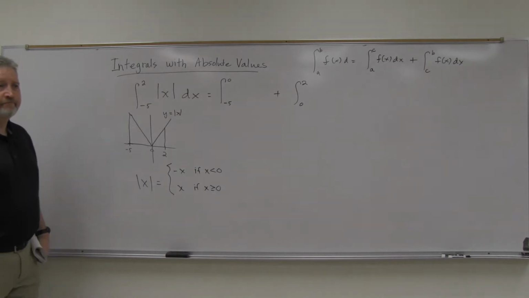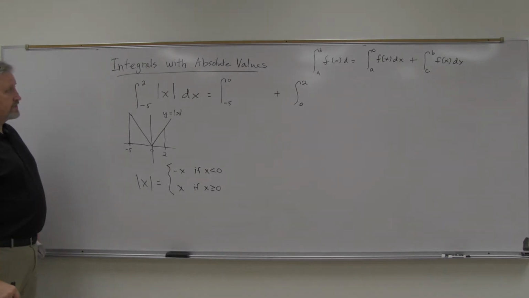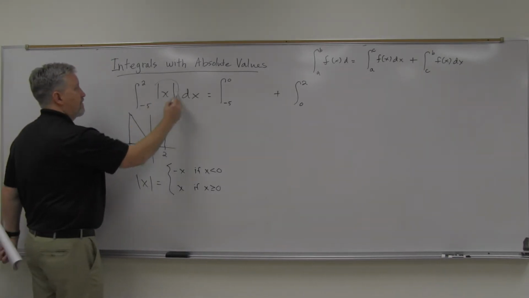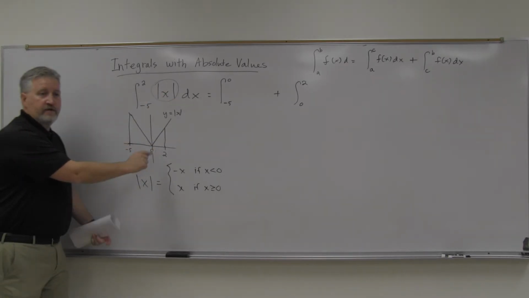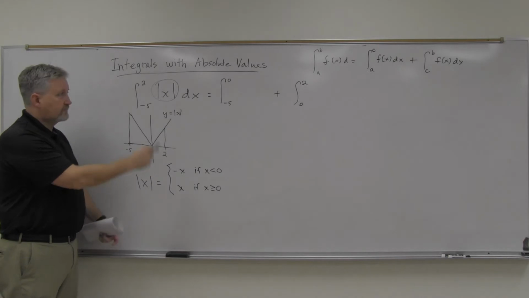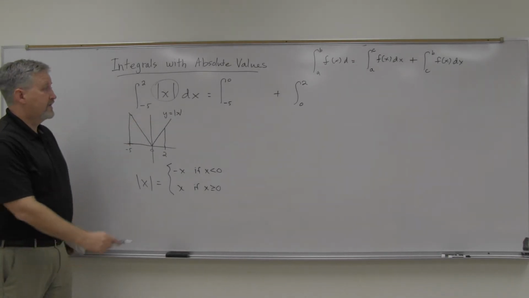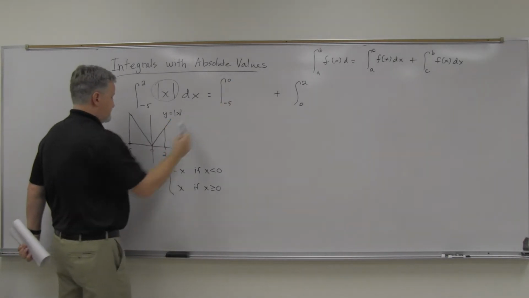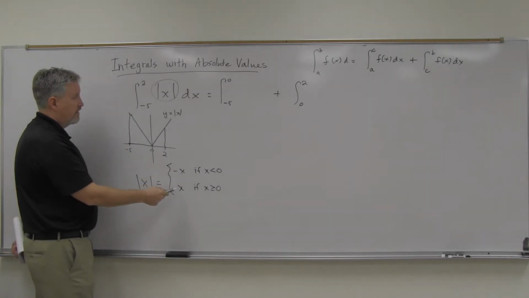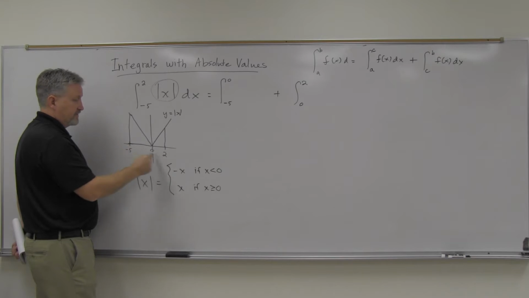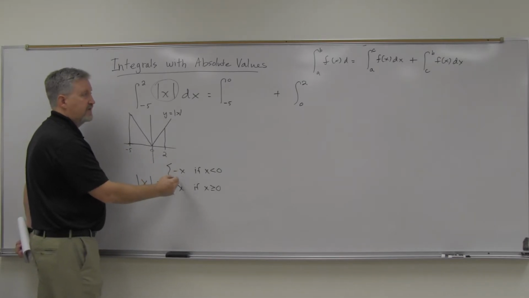Remember doing that? And so in this case, I can also rewrite, changing that absolute value over to one of these two. Now, if I'm going -5 to 0, which part of the piecewise am I on? I'm at the less than 0 part, and so I would do the minus x.